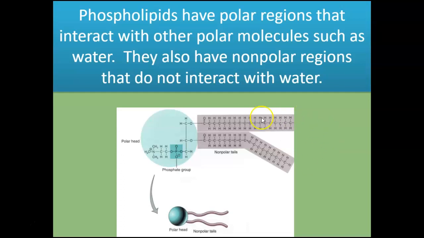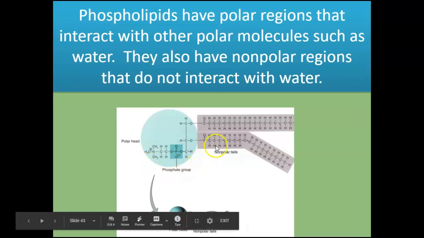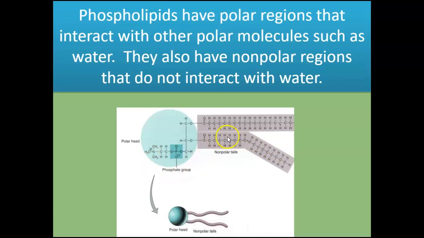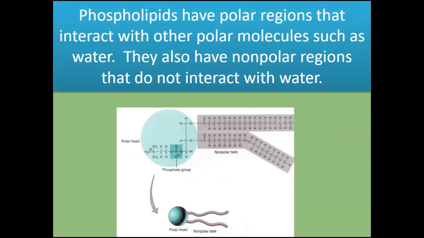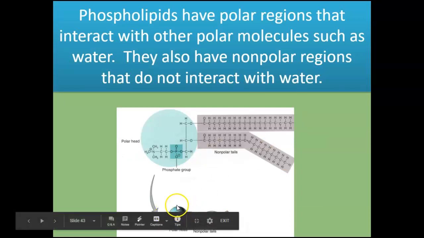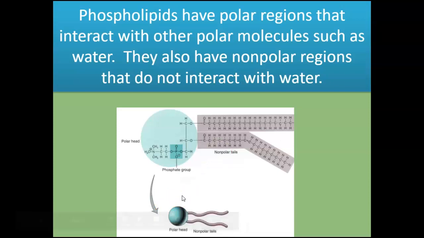The polar head will interact with water and attract to water, whereas the nonpolar tail will repel water. We will cover this a lot more later because these are what make the membranes of our cells.